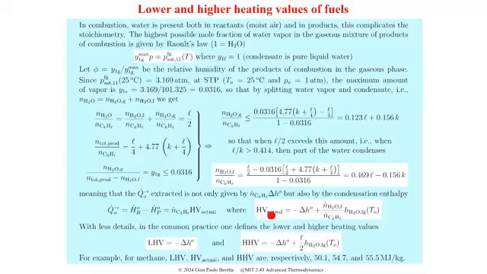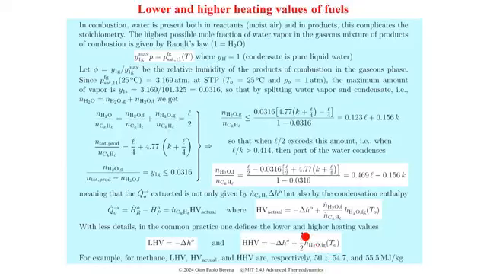So if you do the calculation, for example, for methane, the value is, in megajoules per kilogram, 54.7. If you neglect this condensation, it's only 50.1.